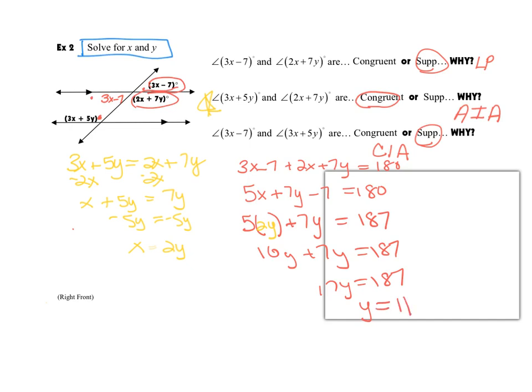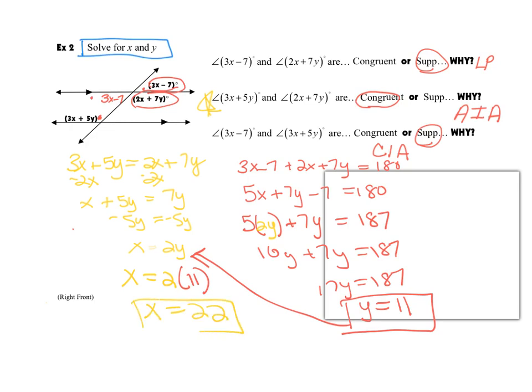If y is equal to 11, I can come up here, and I know that x is equal to 2 times y, and y is 11, so x will equal 22.